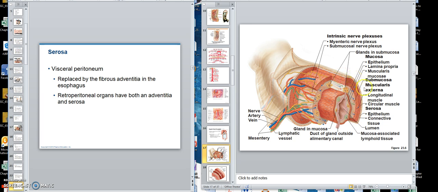Remember that peritoneum. Retroperitoneal organs, like part of the duodenum and so forth, have an adventitia in some parts and serosa in others. Adventitia sticks to stuff surrounding it. Serosa doesn't because it's an epithelial lining. And that's why, because you don't want the gut to stick to the gut, all the loops of intestine.